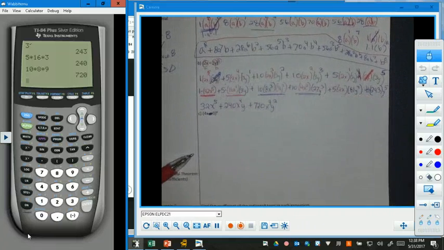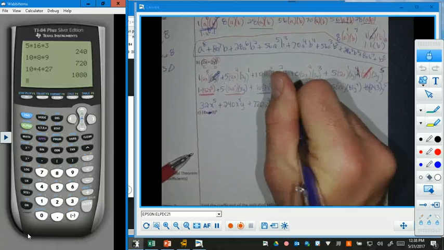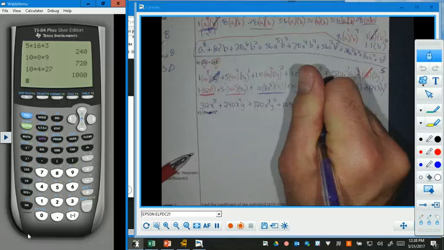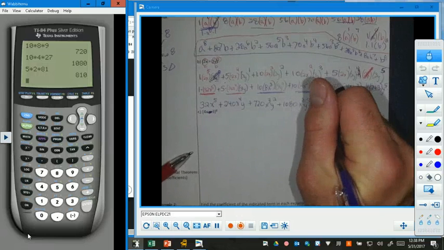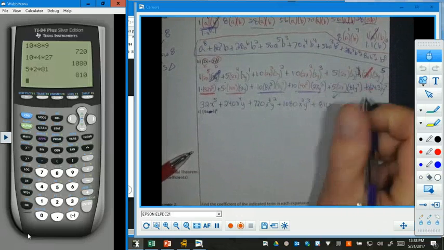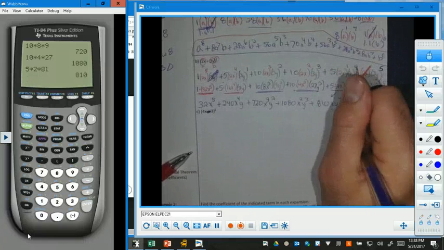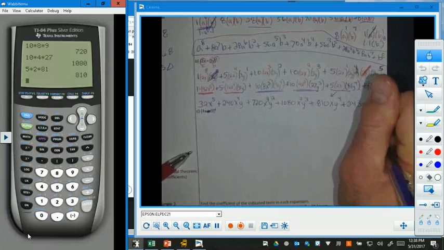Here I have 10 times 4 times 27, which is 1080, x squared y cubed. Here I have 5 times 2 times 81, which is 810, xy to the 4th. And lastly, we have 1 times 243, y to the 5th.